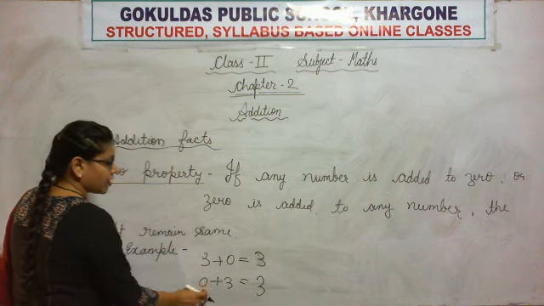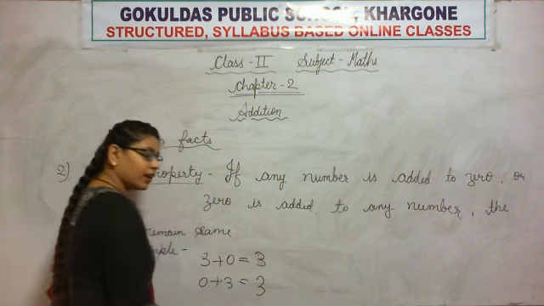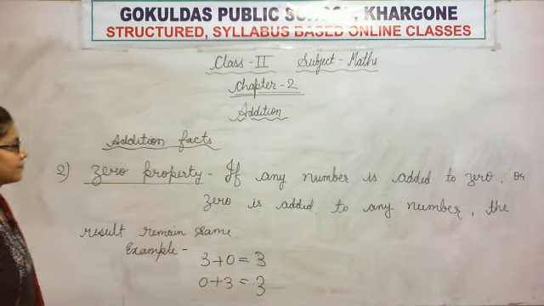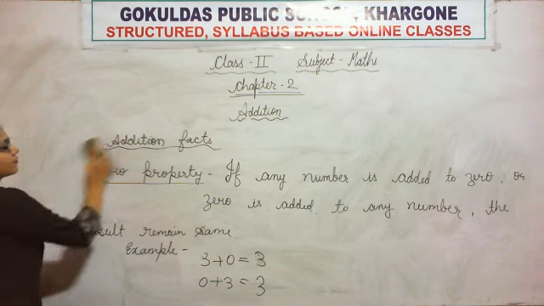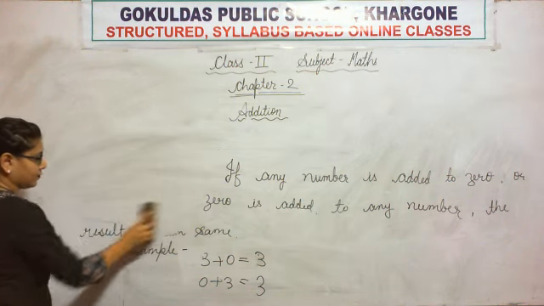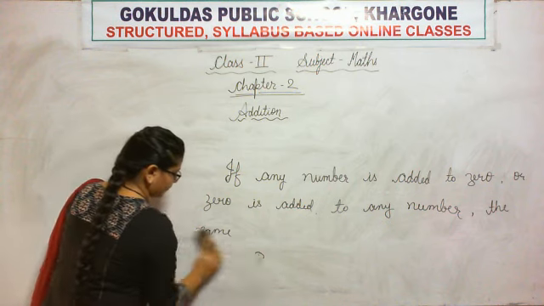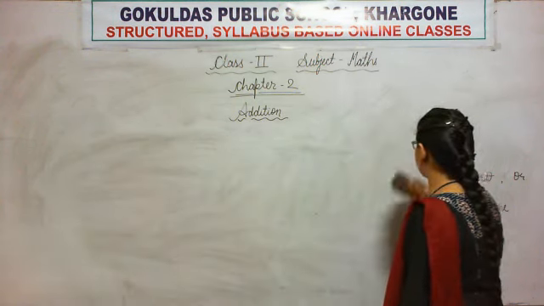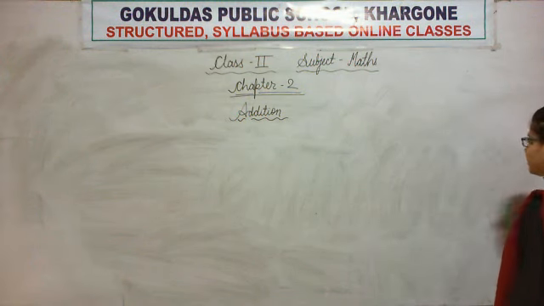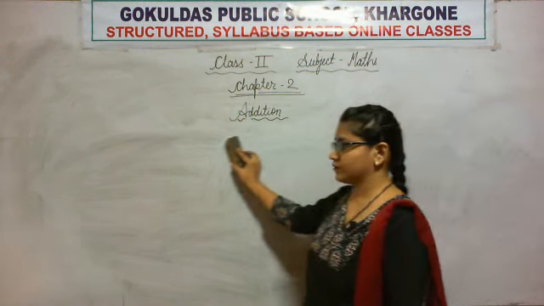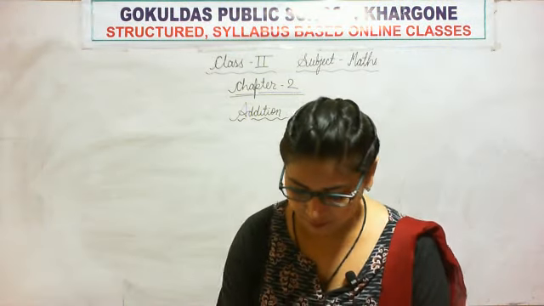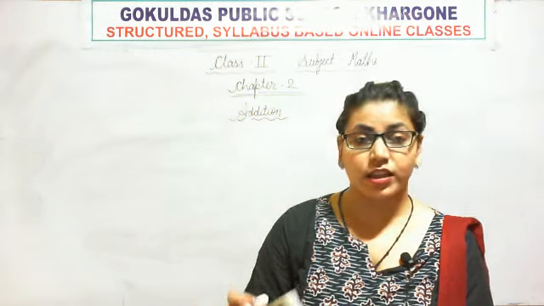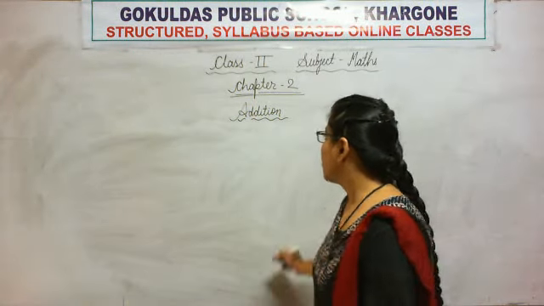And if we add 3 in 0, the answer will be 3. Now, let's do some questions based on this property.